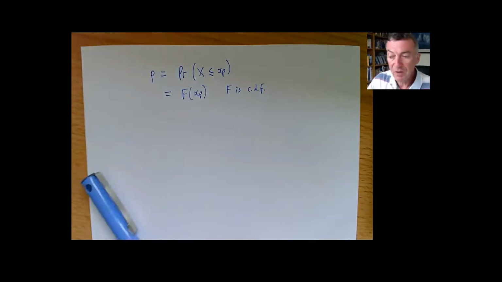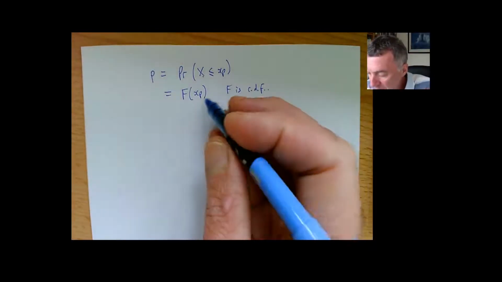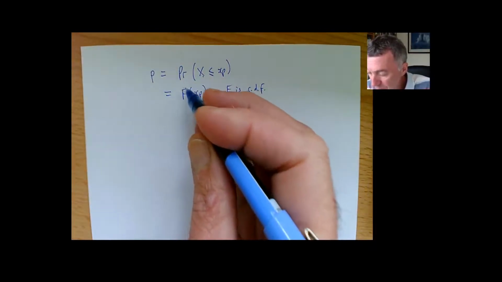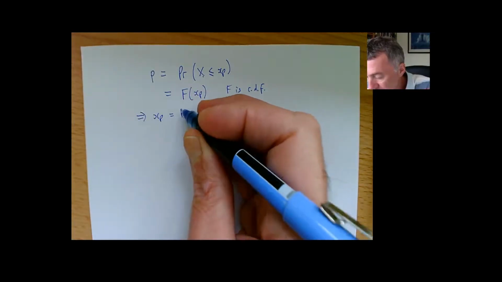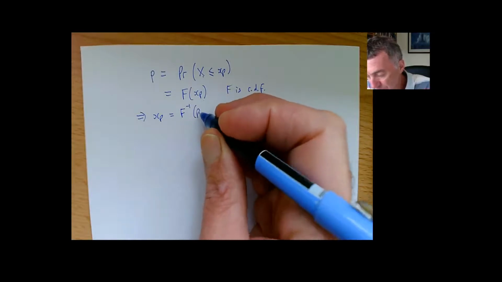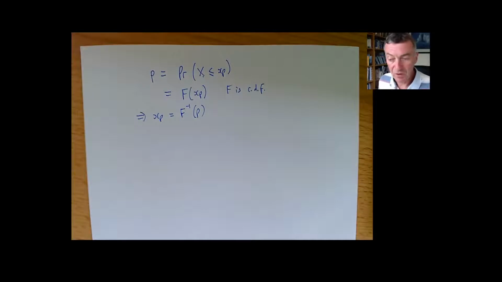If we know the cumulative distribution, we can find x_p by just inverting this equation. So that basically means that x_p, the pth quantile, is the inverse of the cumulative distribution function at p. This inverse of F is sometimes called the quantile function.